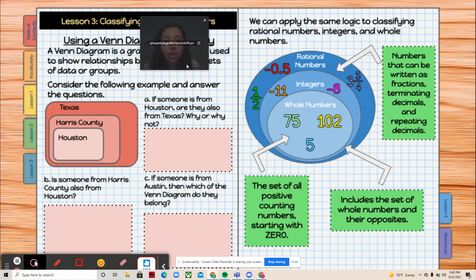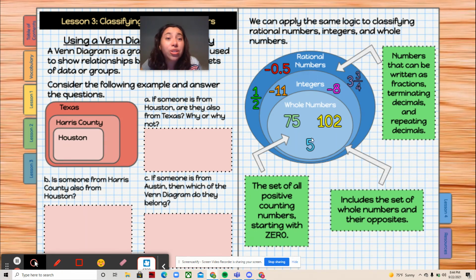All right, here's another thing. So we can apply the same logic to classifying rational numbers, integers, and whole numbers. Okay, rational numbers are, of course, numbers that can be written as fractions, the A over B, like I showed you. Integers are the negative and positive numbers.